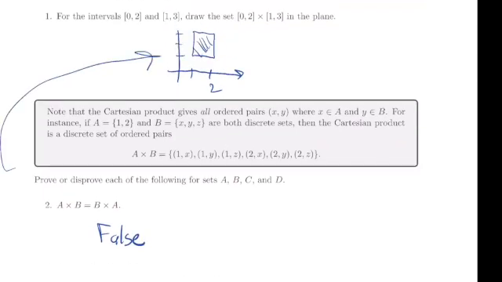If we switch the order around, suddenly we would get a totally different space over here. Now we're saying that x goes from 1 to 3 and y goes from 0 to 2, and this gives me a different rectangle. So the order does matter.